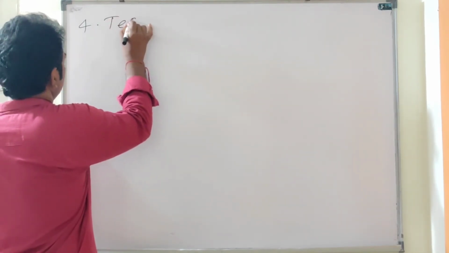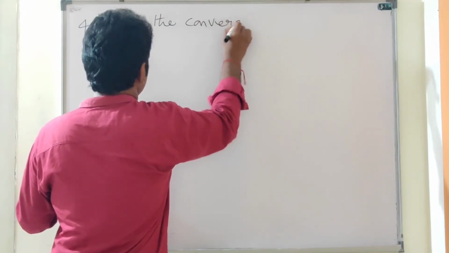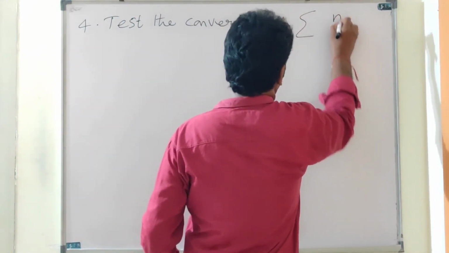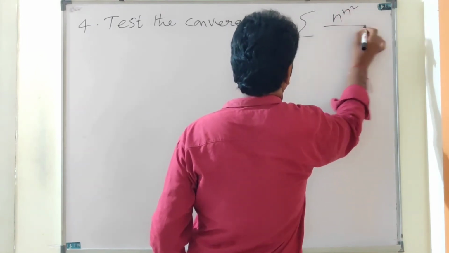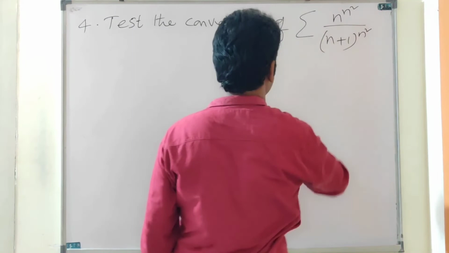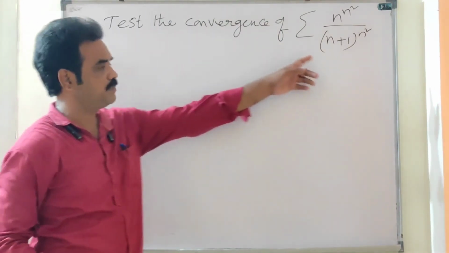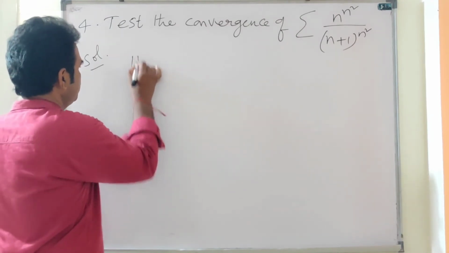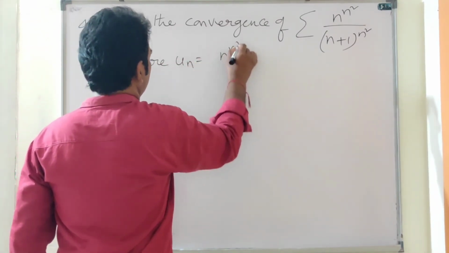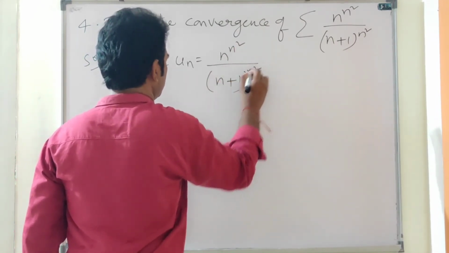Test the convergence of the series sigma (n power n square by (n plus 1) whole power n square). Here the nth term un is equal to n power n square by (n plus 1) whole power n square.